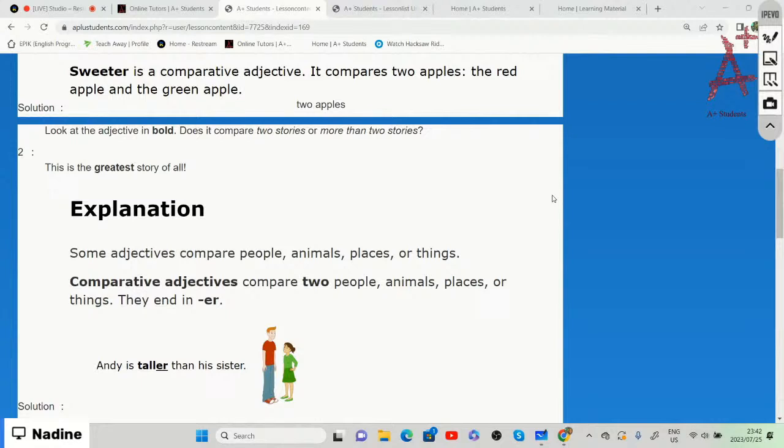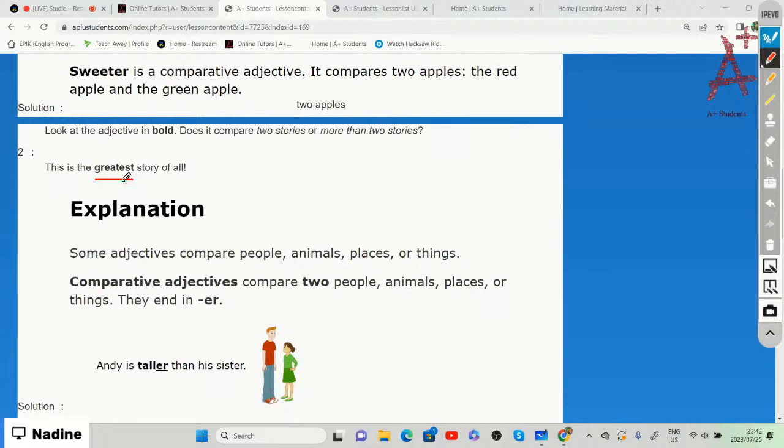So this is the greatest story of all, right? Is it comparing two stories or more than two stories? If we are saying this is the greatest story of all, then it means that it is being compared to more than two stories, right?